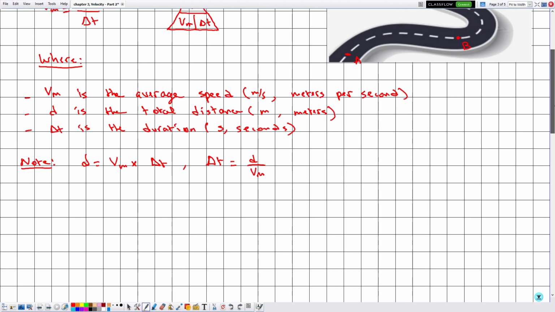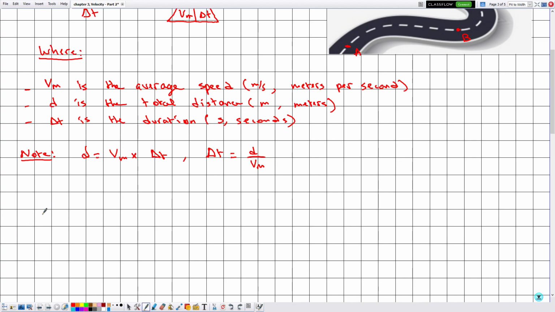Okay, so let me consider the following example. Example number 1. Suppose that d is equal to 100 meters and delta t is equal to 10 seconds. We are interested in determining the average speed, which is given by Vm.